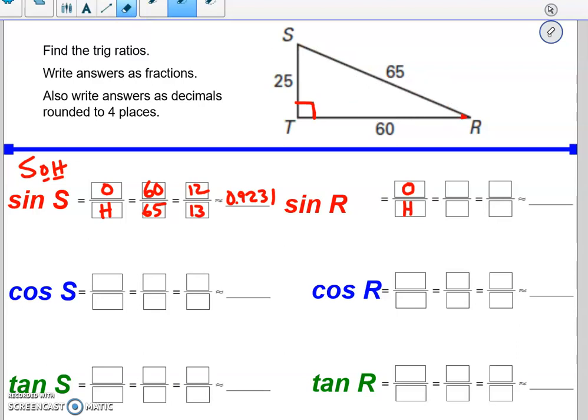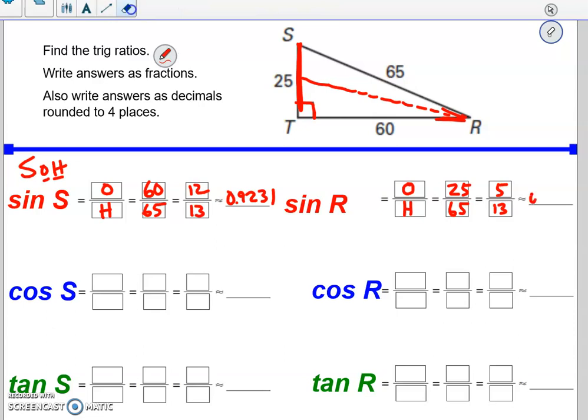We would do the same thing if we were dealing with angle R, but because we're coming from a different angle, that changes what the opposite side actually is. So here's angle R, and if I go across from angle R, my opposite side now is 25. The hypotenuse doesn't change because that's always going to remain across from the right angle. So that's still 65, and now if I simplify that by dividing out 5, I would get 5 over 13.